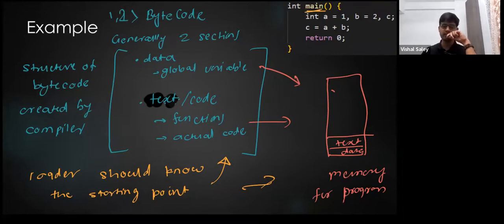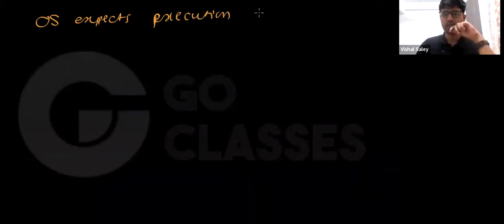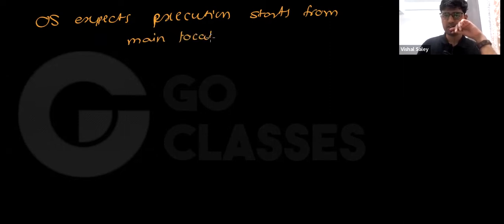So it's basically something like this. The operating system expects execution to start from the main program, or some predefined label. Main is just a label, the main location.